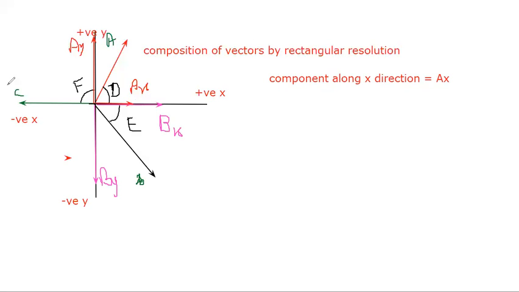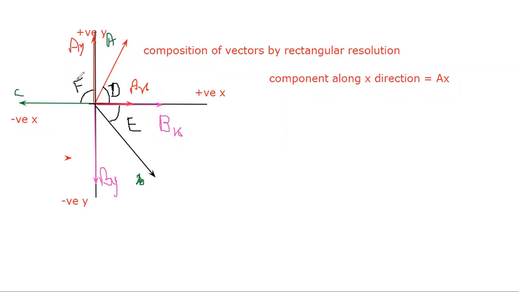C is in the negative x direction, and this angle F is 90°. What will be its component along the x direction and y direction? Along the x direction the component is the same as this, but along the y direction it will have no component, as the angle between them is 90°.